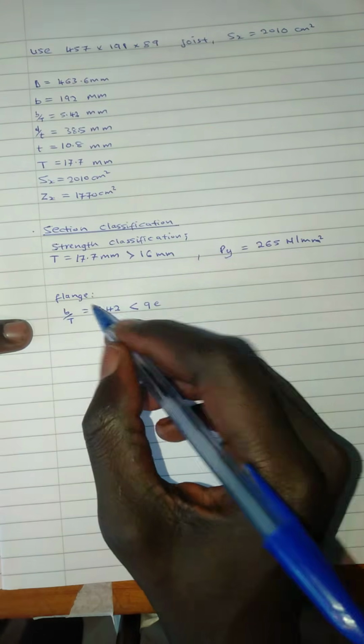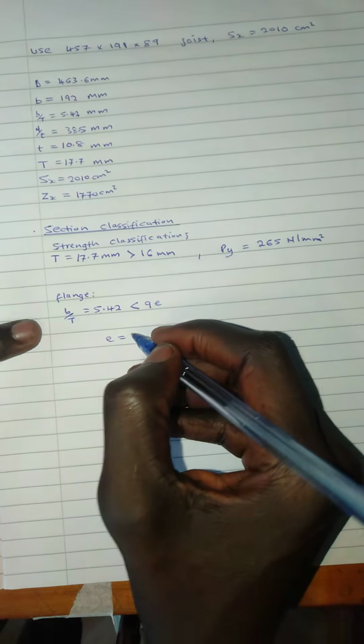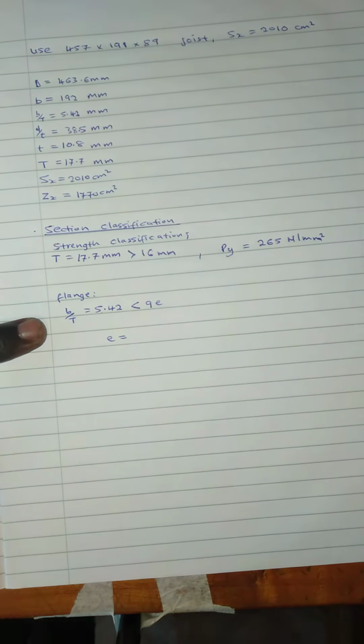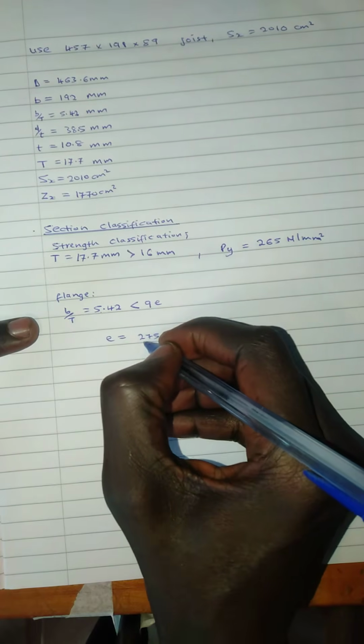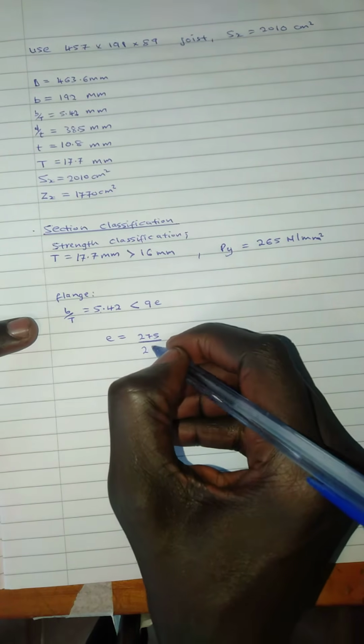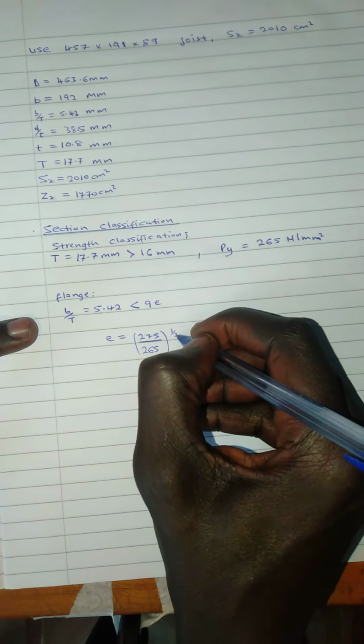So let's find E. This is how we find the E. The formula for finding E is 275 divided by 265, raised to the power half.